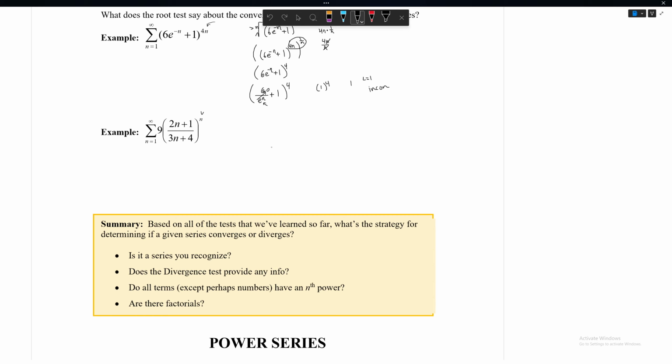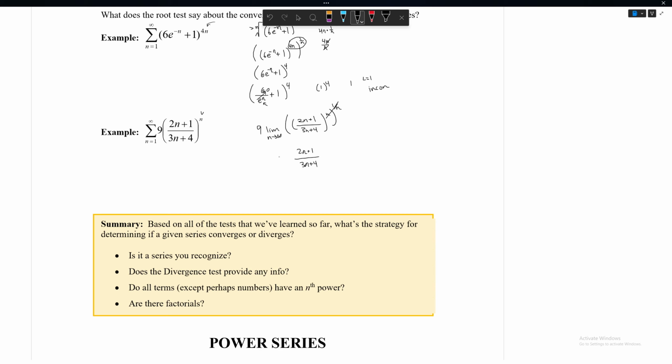When I'm doing this, limit as n goes to infinity of 9 times 2n plus 1 all over 3n plus 4 to the n, I can take this 9 outside the limit because there's no n with it. So what am I taking the limit for? A 9? I can just take this out. And so now here I can do the root, right? Which means I'm doing 1 over n, which means these two cancel out. I got 2n plus 1 over 3n plus 4.